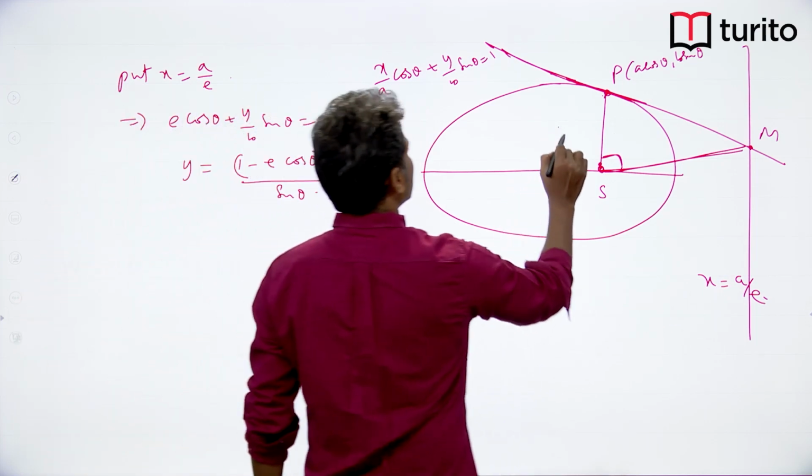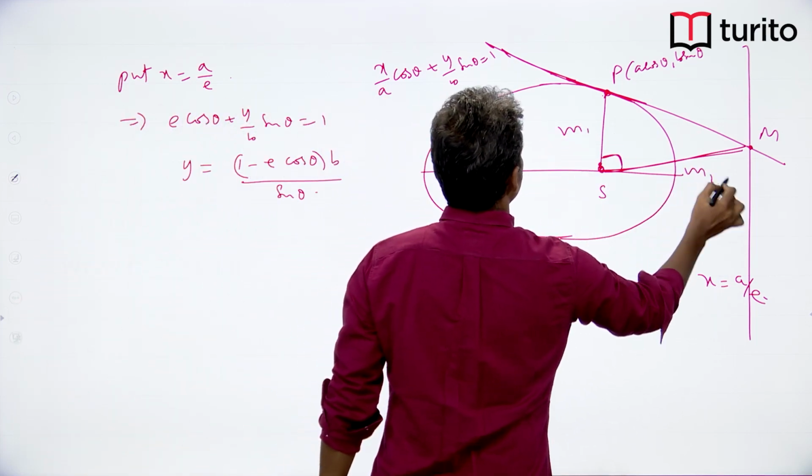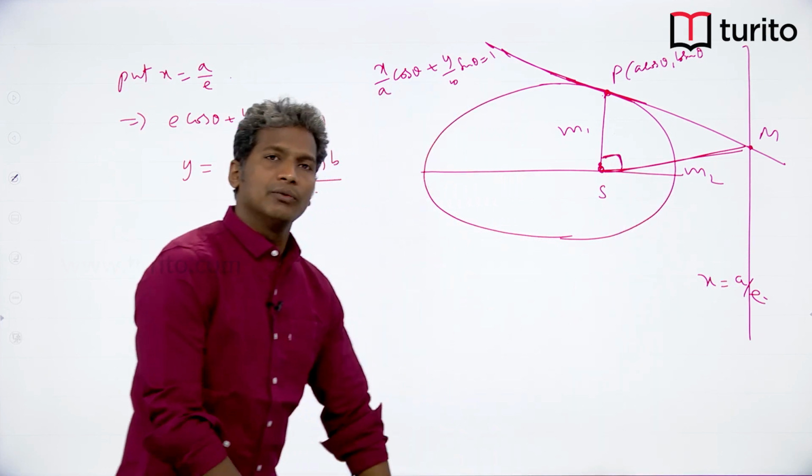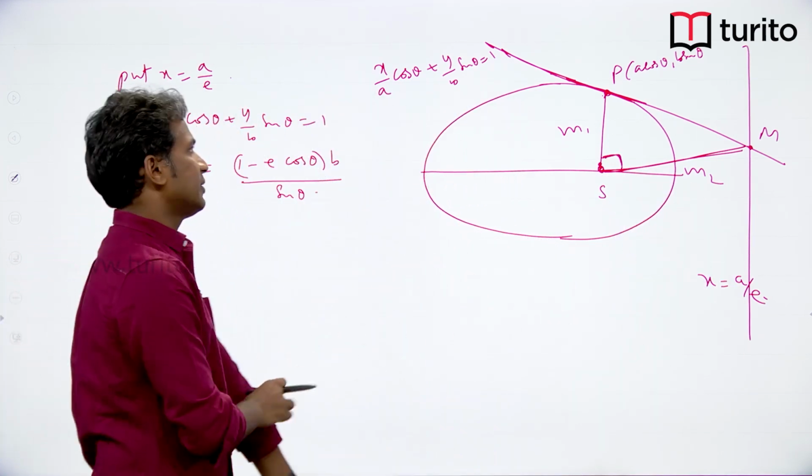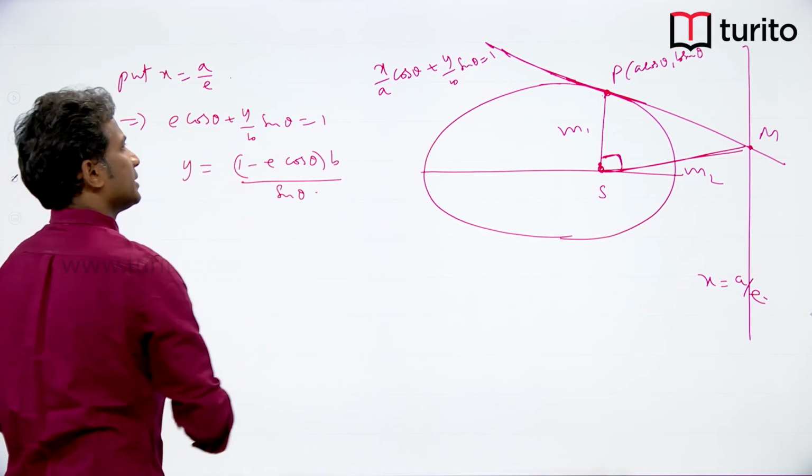Now, let us just get these slopes m1 and m2. If this angle is 90, m1 into m2 must be minus 1. So, that way we can prove this. Okay.